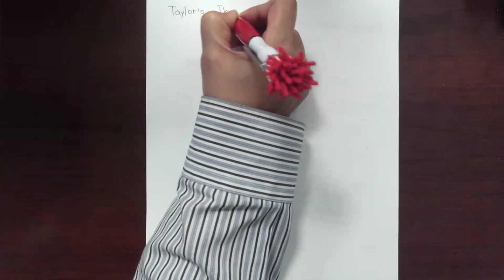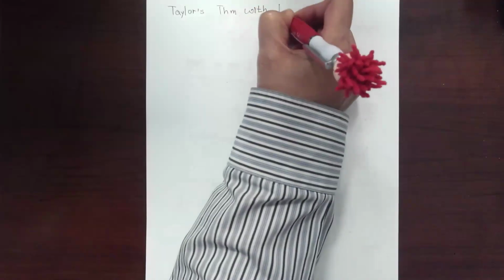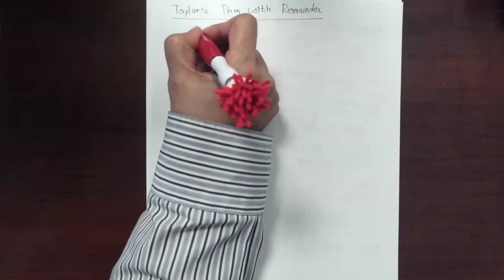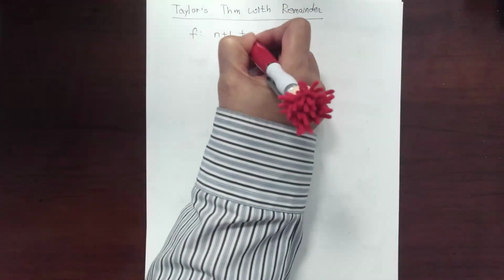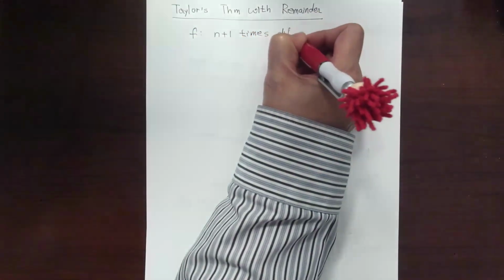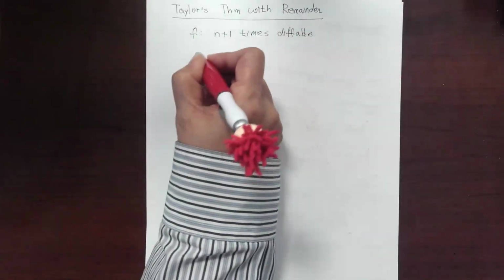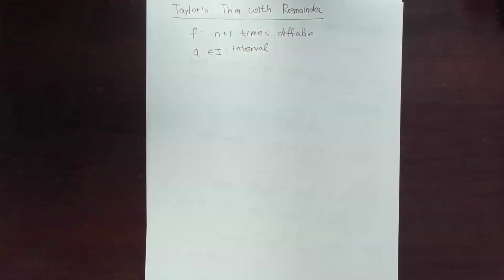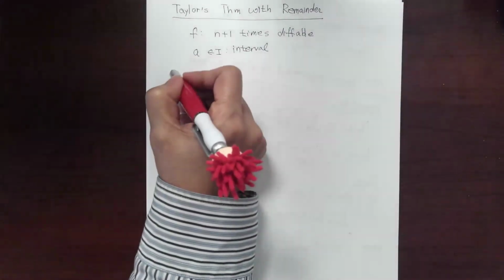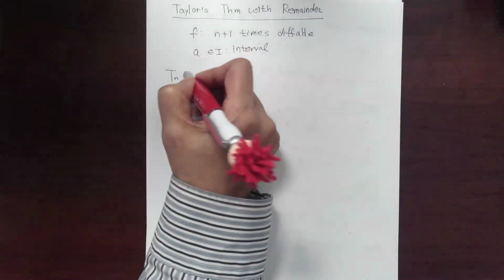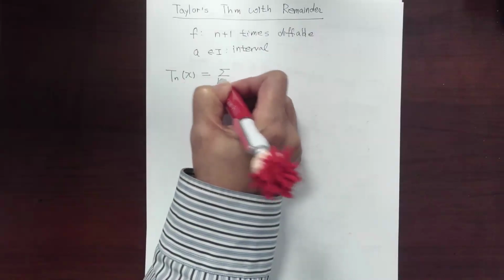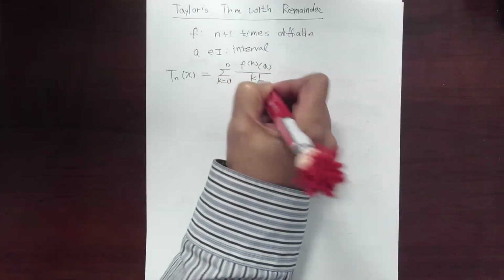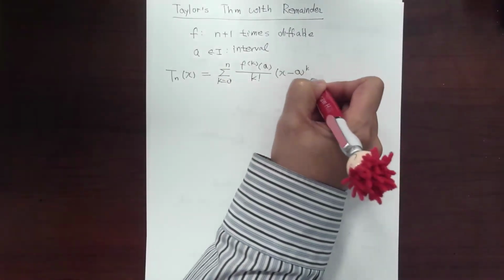Taylor's theorem with remainder. Let's suppose that f is n plus 1 times differentiable, and a is in the interval I. Then the nth Taylor polynomial is summation k equals 0 to n, kth derivative of f at a over k factorial times x minus a to the k power.